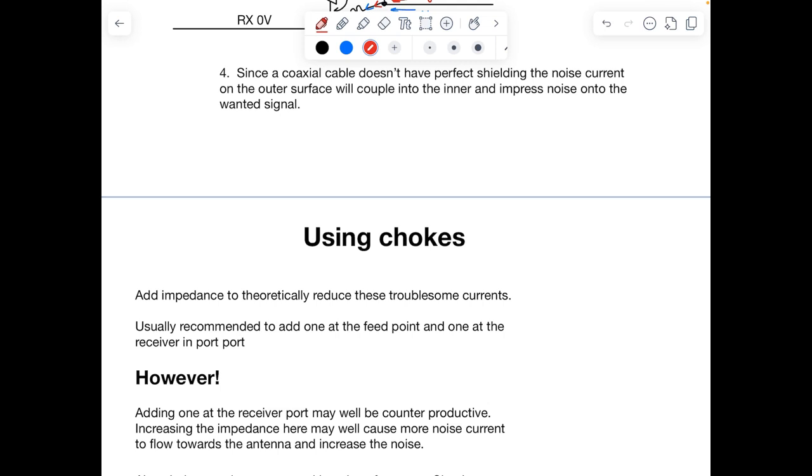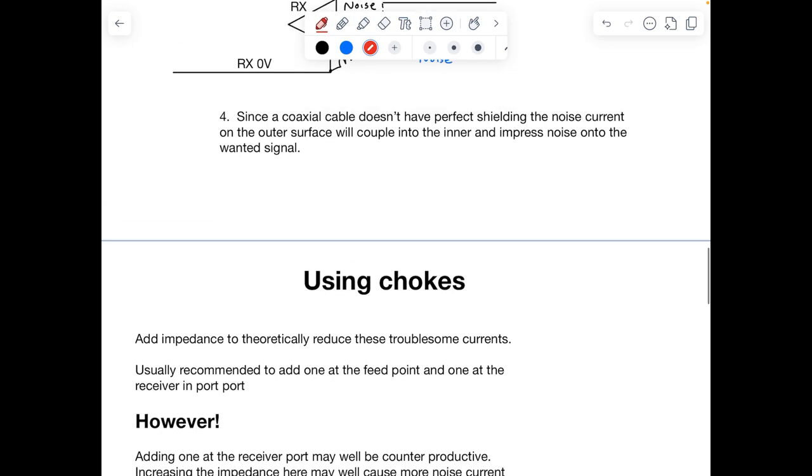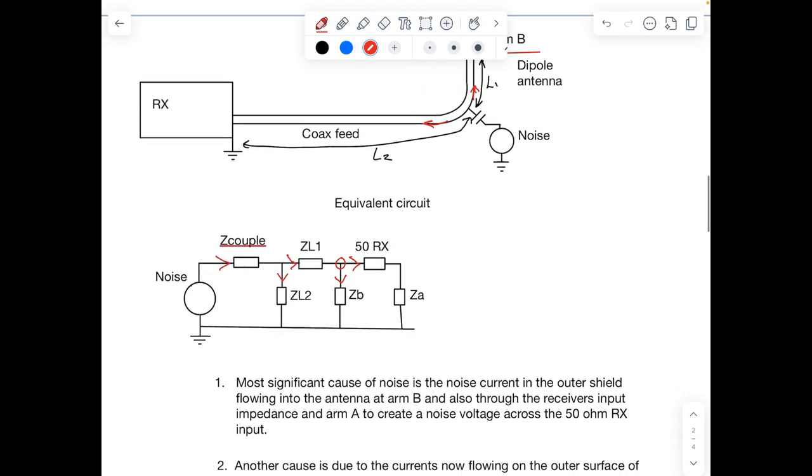Increasing the impedance here, which will occur if you add a choke, may well cause more noise current to flow towards the antenna and increase the noise. And I just want to explain that a little bit.